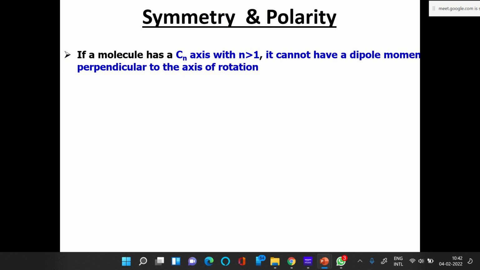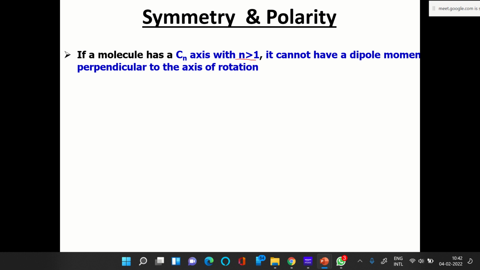So here is the thing. If a molecule has a Cn axis with n greater than 1, of course C1 has no meaning, in fact a 360 degree rotation is nothing, it cannot have a dipole moment perpendicular to the axis of rotation.